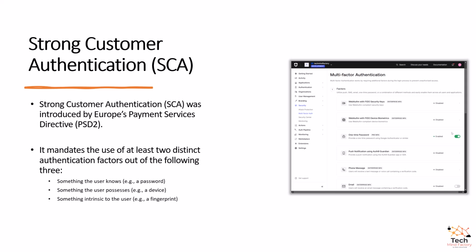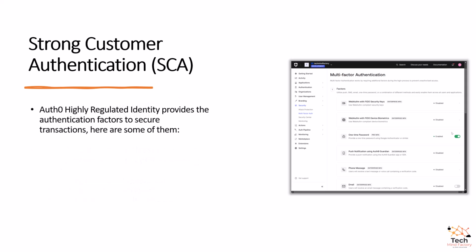Something the user knows, like a password, something the user possesses, like a device, and something intrinsic to the user, like fingerprint. And when it comes to Auth0 highly regulated identity, it provides the authentication factors to secure transactions, and here are some of them, like mobile push notifications, text messages, or WebAuthn.